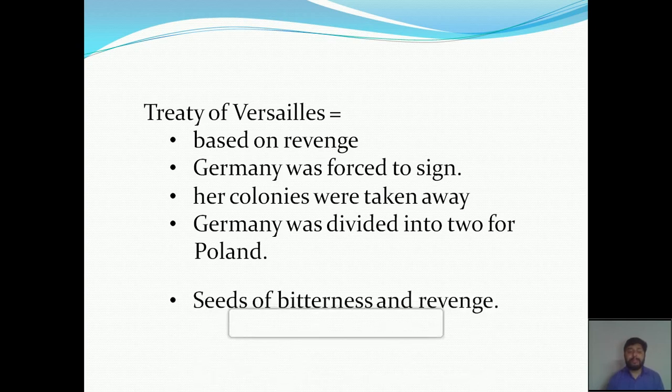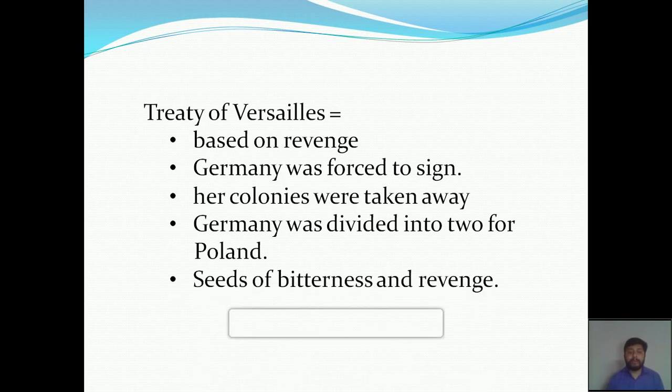This situation paved the seeds of bitterness and revenge, because the people of Germany had a very high self-esteem about their culture and heritage, and they felt humiliated because of the different activities, especially the Treaty of Versailles. That's why we can say that it sowed the seeds of bitterness and revenge.